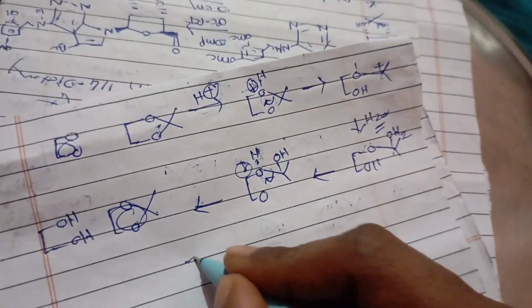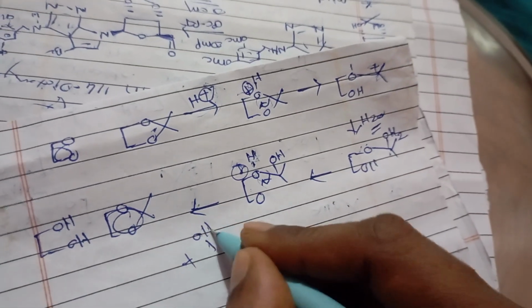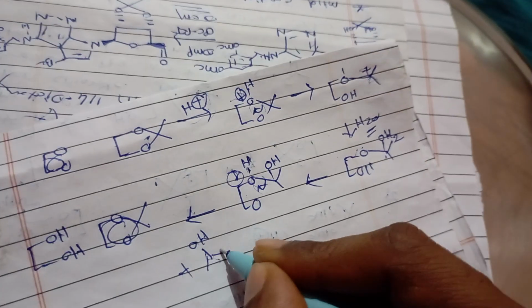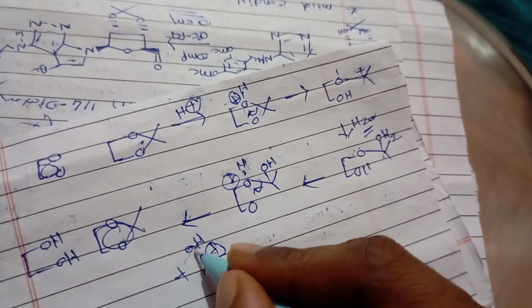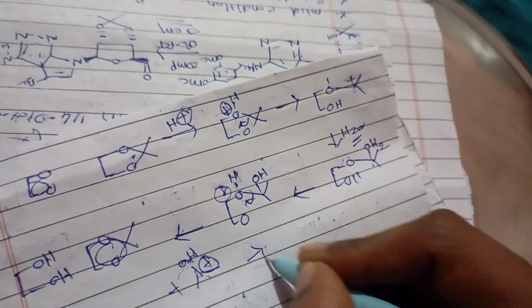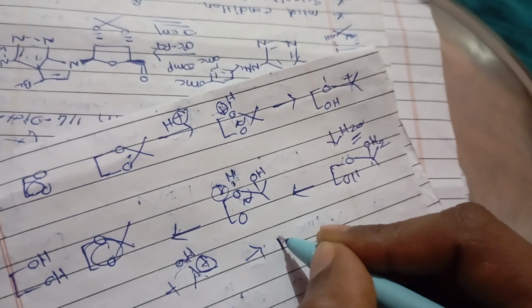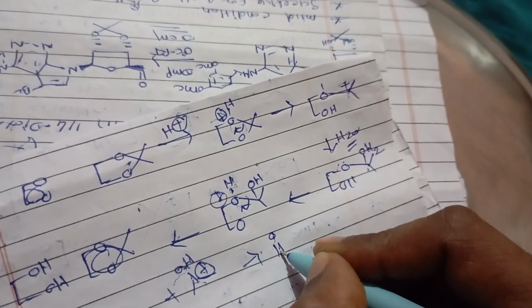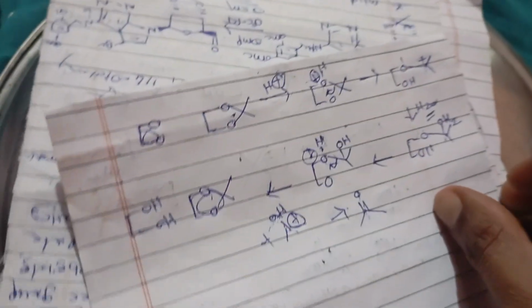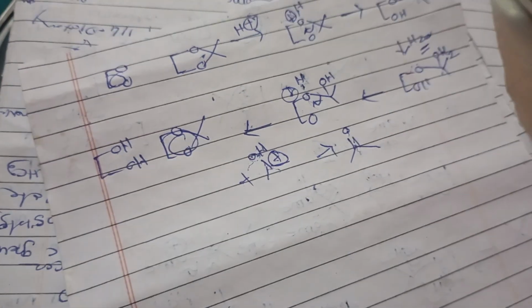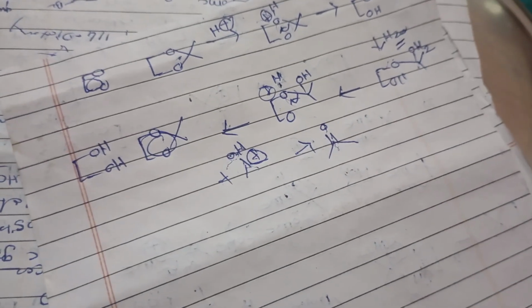The byproduct is like this: this oxygen bears a positive charge, this bond breaks, and you get, sorry, not propene, acetone as the final byproduct. This is the mechanism of protection and deprotection of diols.